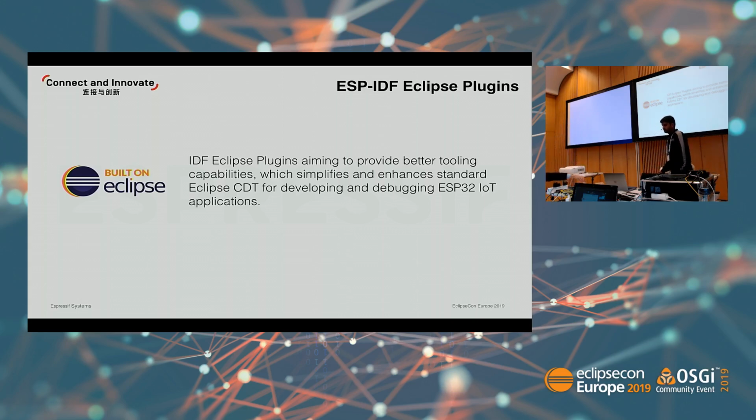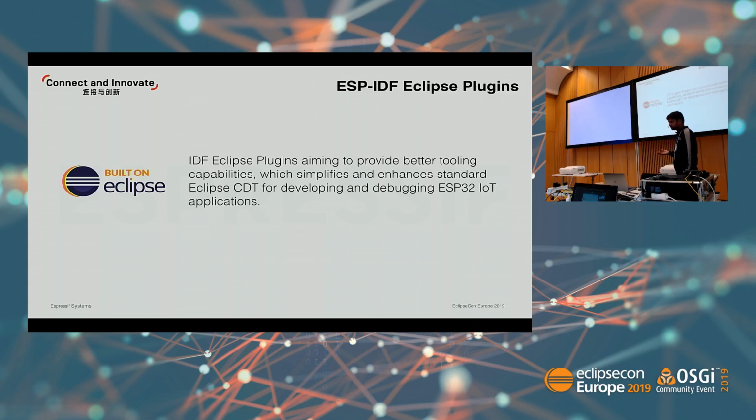We started working on this project, developing the idea of the Eclipse plugin, a couple of months ago. It's been like 7 to 8 months. The main aim of this project is to simplify the things we have in the Eclipse CDT, because Eclipse CDT has a provision to create your CMake project, and you can also flash it to your ESP32 device.